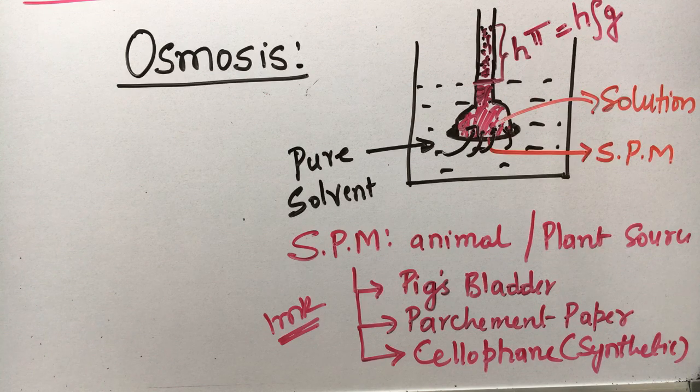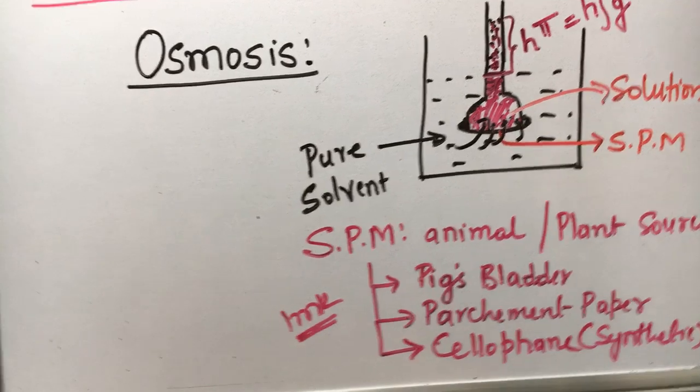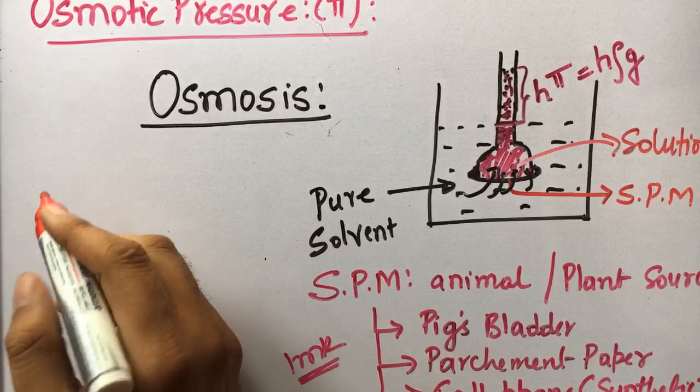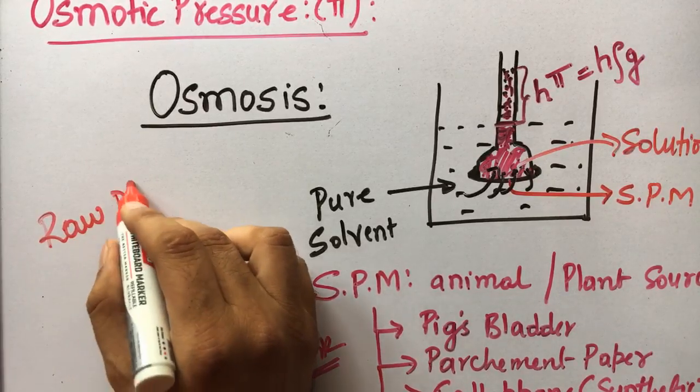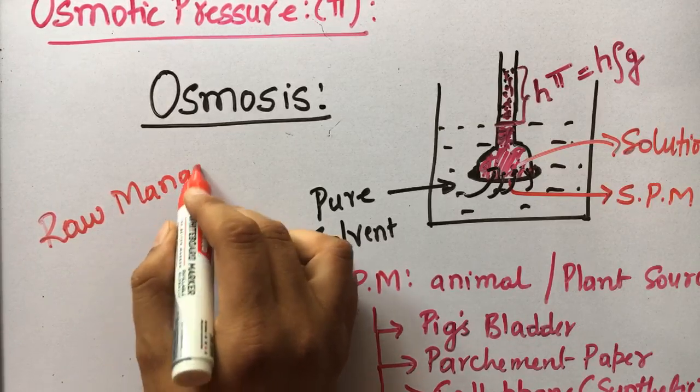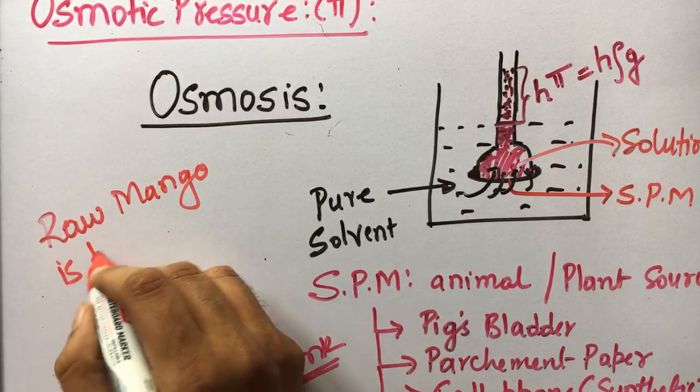Some other examples of osmosis that you can also note: in order to prepare pickles, raw mango is placed in NaCl.